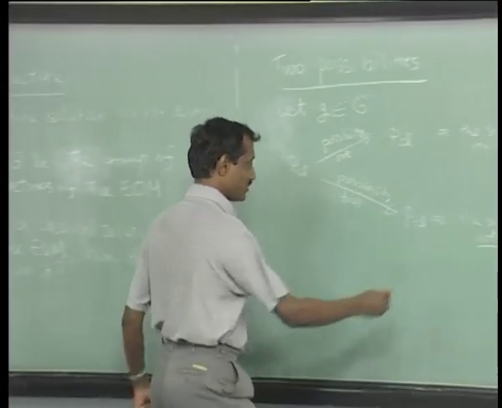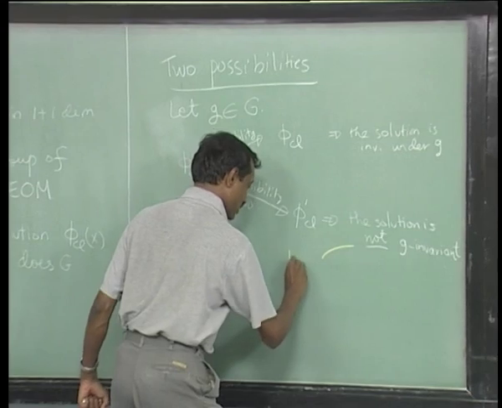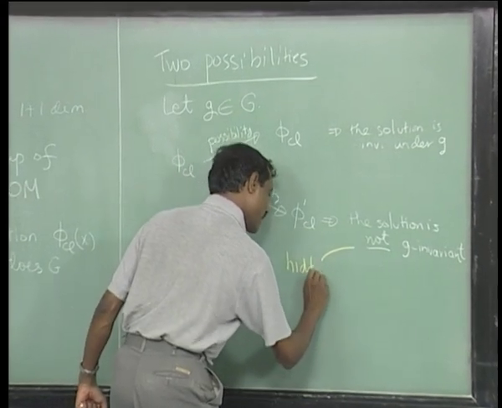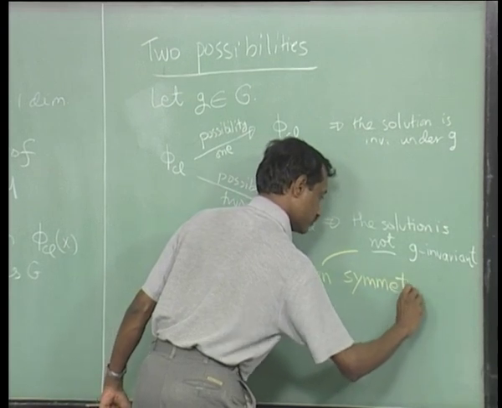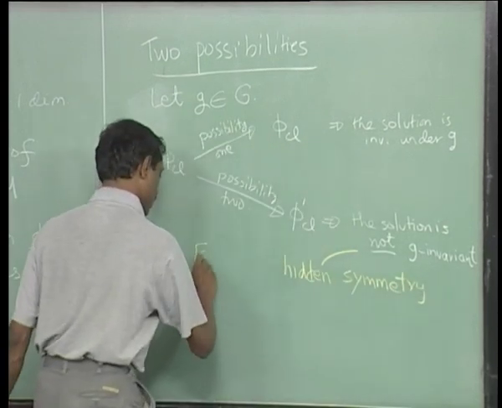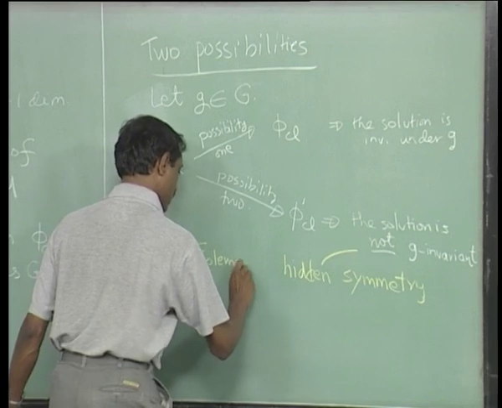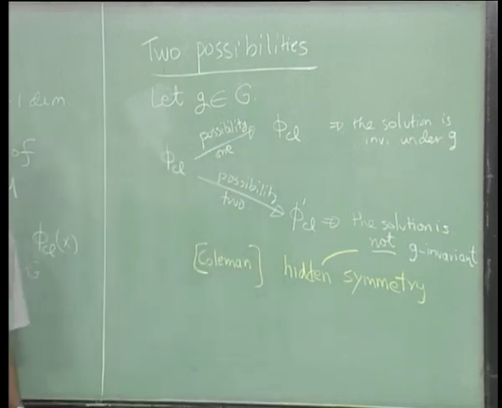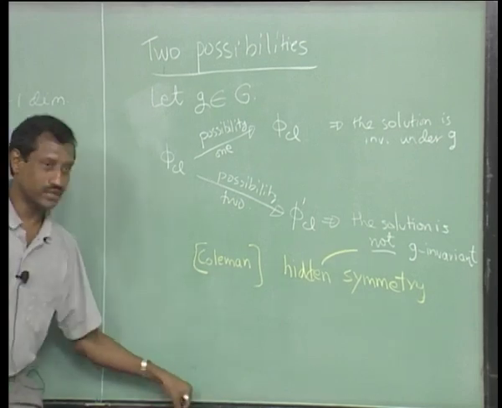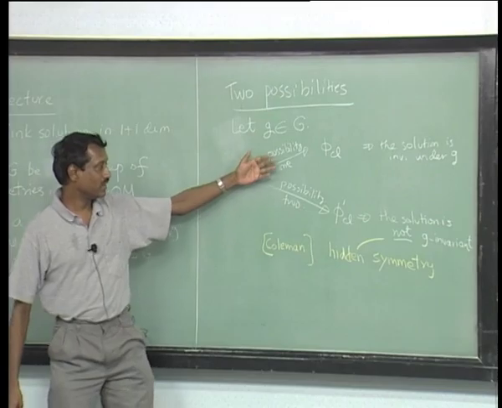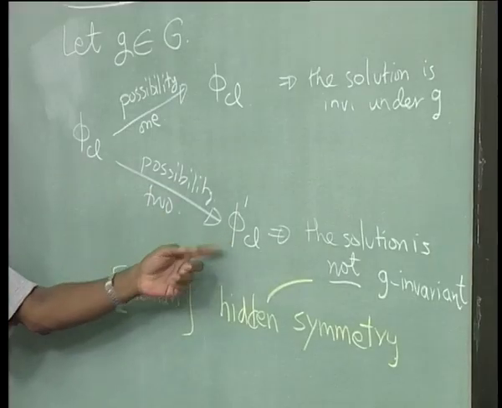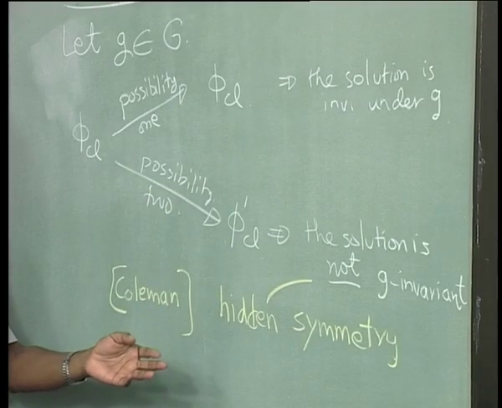Okay. So, the terminology for this is it should be correctly called hidden symmetry. This is what Coleman argued for, that it should be called hidden symmetry because the symmetry is there. Just because the solution is not invariant does not mean anything about the symmetry of the theory.